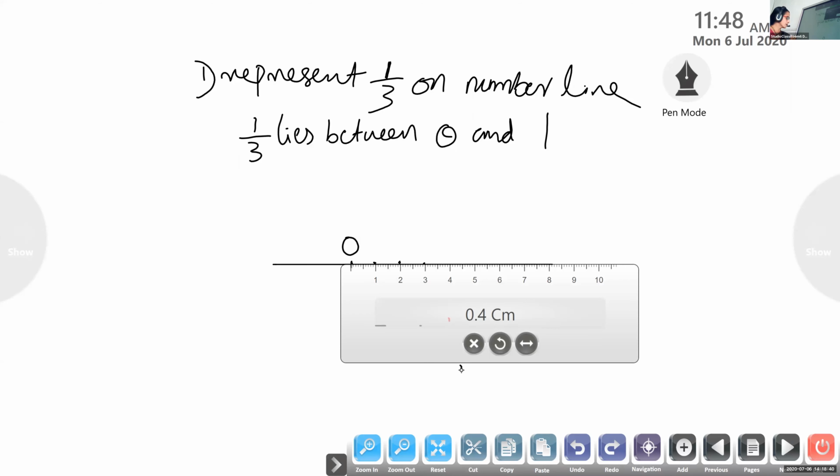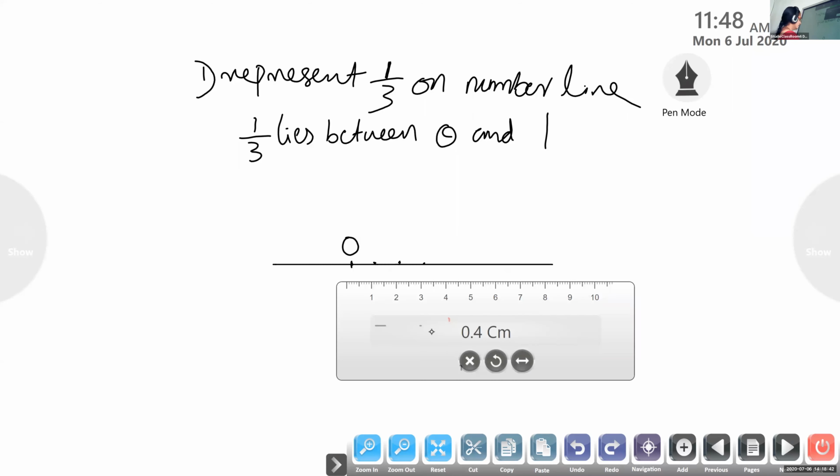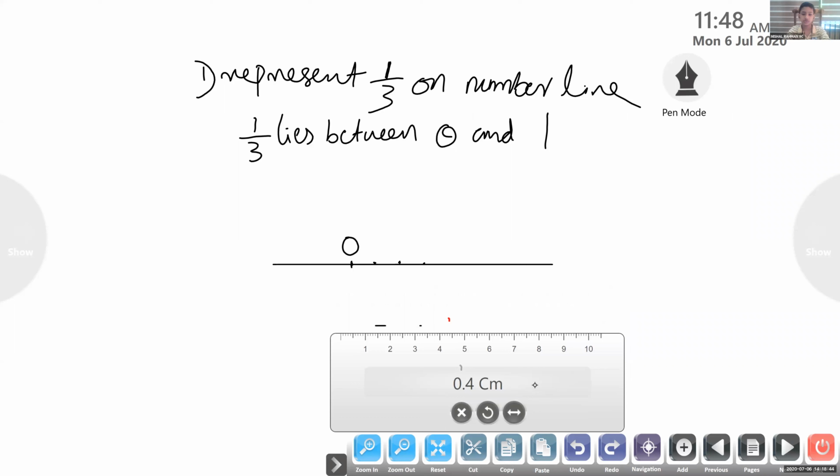This is 0, and this we will write as 1. So we got 0 and 1.